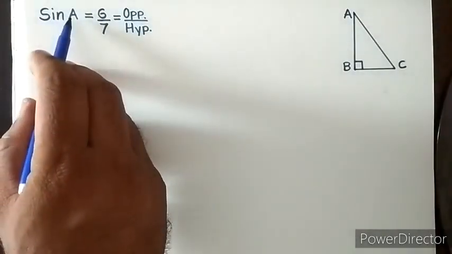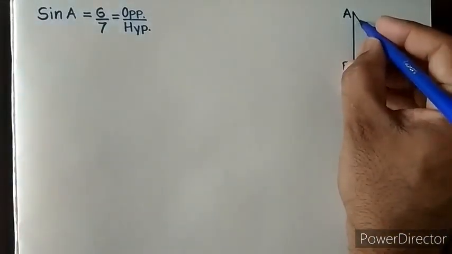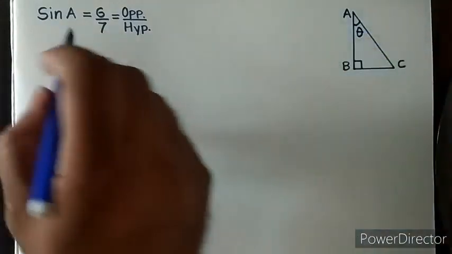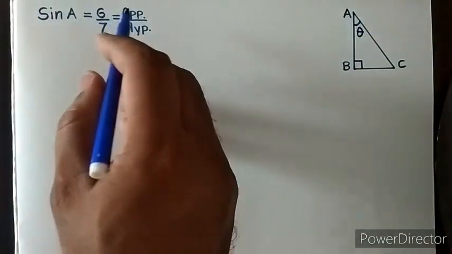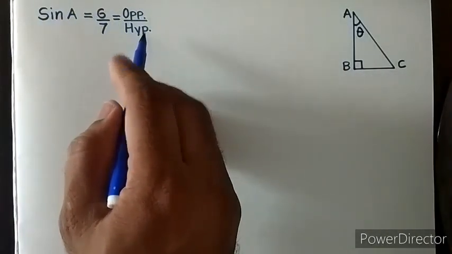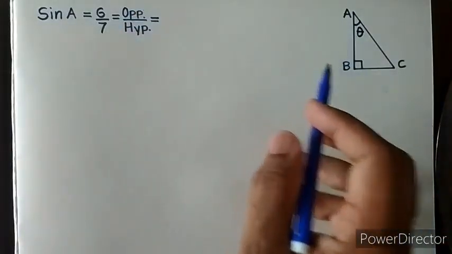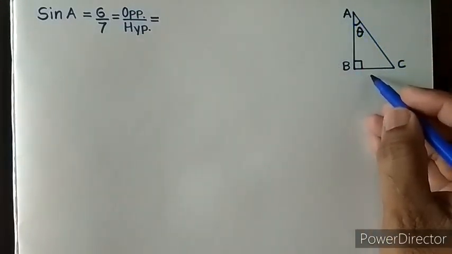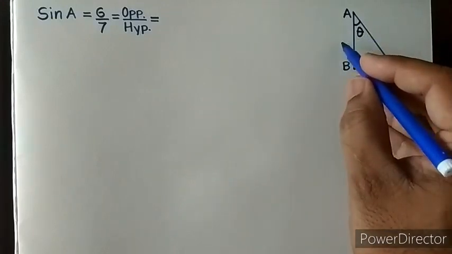So sine A is given, that means your theta is at A. So you have sine A equals 6 upon 7, and we know that sine is opposite side upon hypotenuse. Let's see which is the opposite side and which is the hypotenuse. So with respect to A, this is your opposite side, this is your hypotenuse, and this will be your adjacent side.